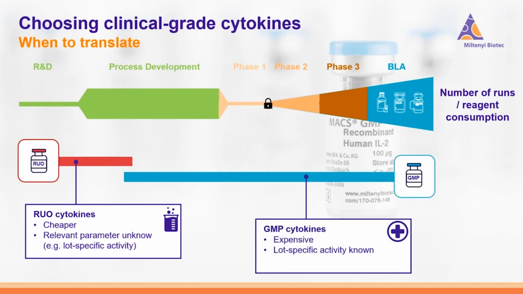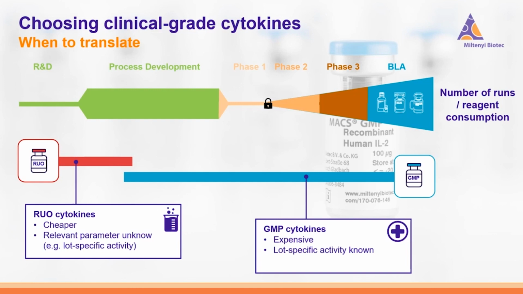And that is why it's very often recommended to switch to more expensive GMP cytokines early in process development on. Yeah? Develop your process with what you're going to use later on to reduce the risk. Yeah, in this case, for example, I would agree. If you don't know the lot-specific activity of your research cytokine, then you need to switch to a GMP cytokine, because you need to run the process with the correct activity.